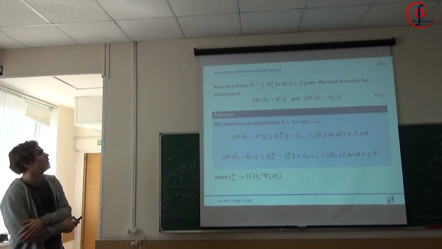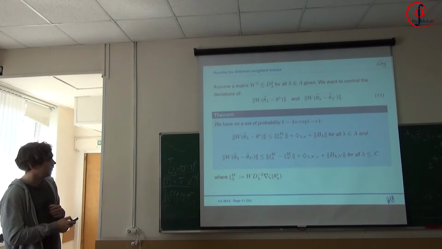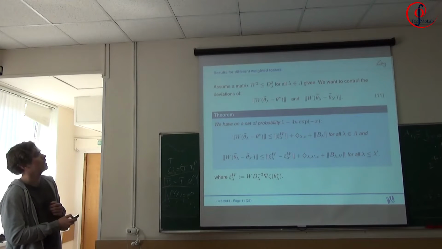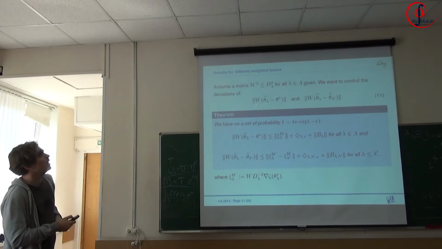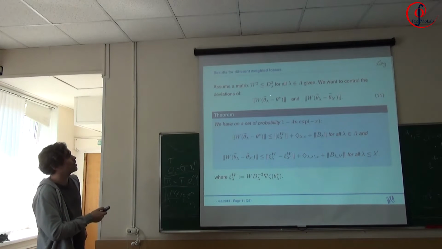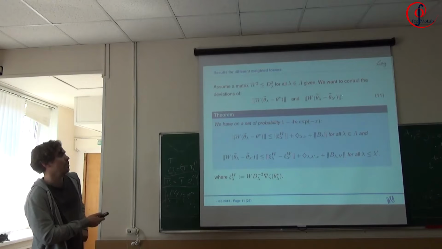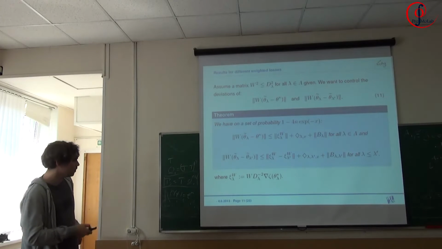We assume a matrix W square, which is smaller in the semi-order on matrices than all the D square lambdas in our set of penalization values. What we are interested in now is to control, on one hand, this W-weighted loss between the true parameter and the MLE, and the differences between two different MLEs for different penalization parameters.